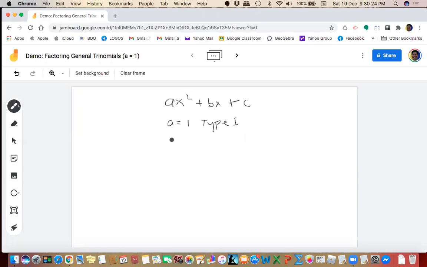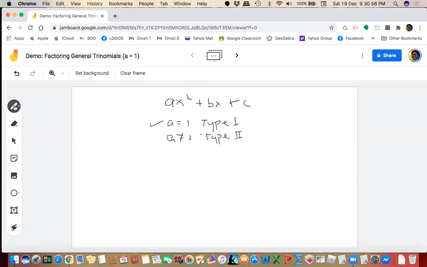Now, I suppose you can figure out that if a is not equal to 1, then we consider that as type 2. So in this demo, we'll only consider type 1 general trinomials. I'll give you representative examples for each one.